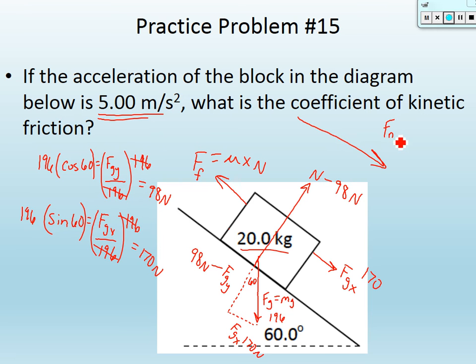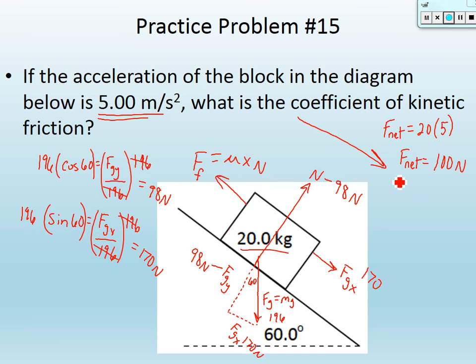Force net is equal to its mass, which was 20, times the acceleration, which was 5. So force net is equal to what, guys? 100 newtons. Okay. And which way is it accelerating? Down. So there's got to be a net force of 100 newtons down.